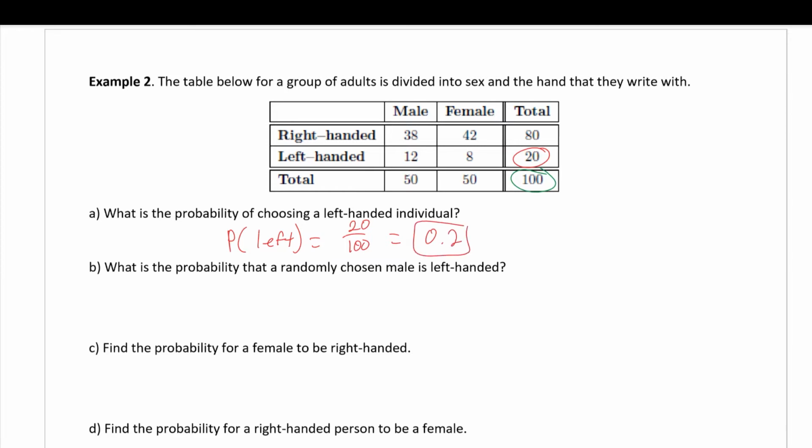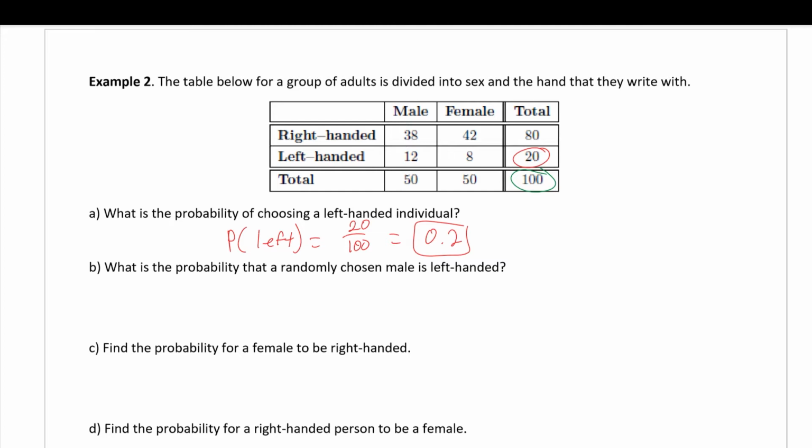B, what's the probability that a randomly chosen male is left-handed? Now it's a little subtle there, but this is actually a conditional probability. Let's read that again. What is the probability that a randomly chosen male is left-handed? Something was given to us. We were already told that something has already occurred, essentially.